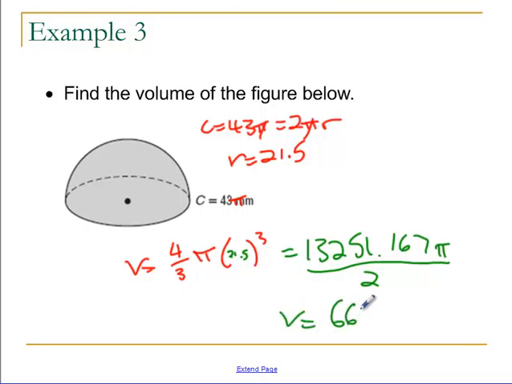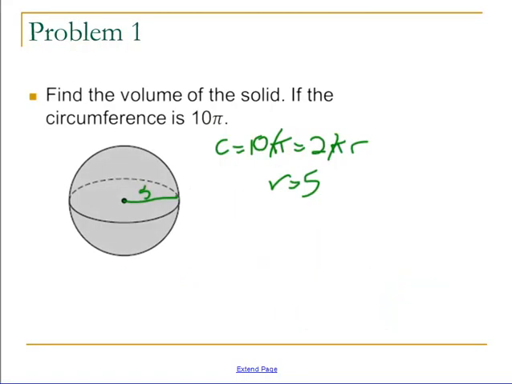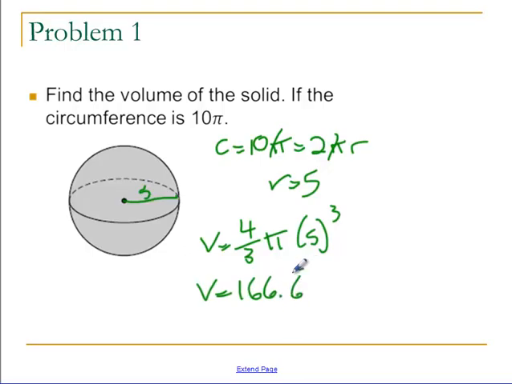Divide by 2, 6625.583 repeating pi. Okay, now let's go back to where we were. R is 5, so the volume of this full sphere, 4/3 pi r cubed, 5 cubed, so 5 to the third power times 4 divided by 3. I get 166.6 repeating pi.